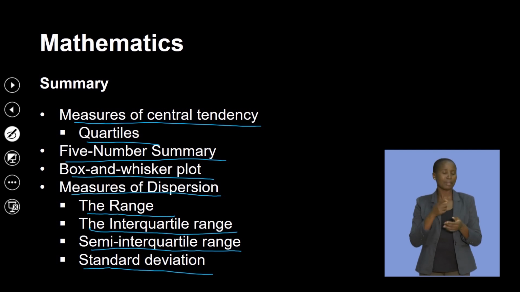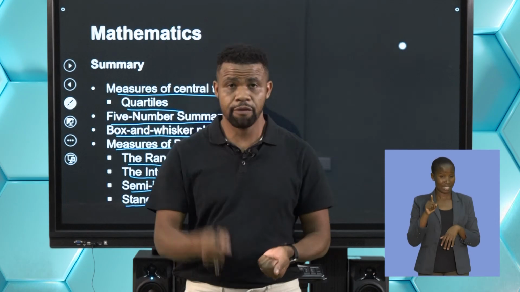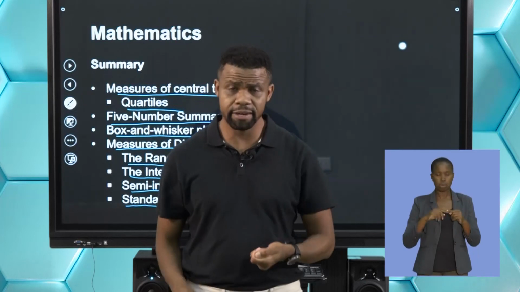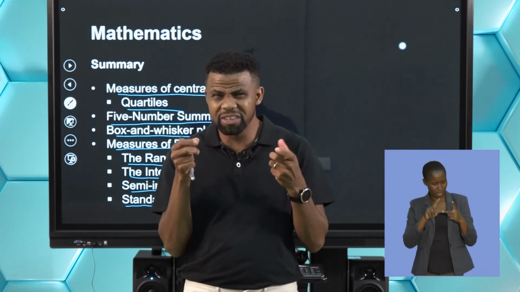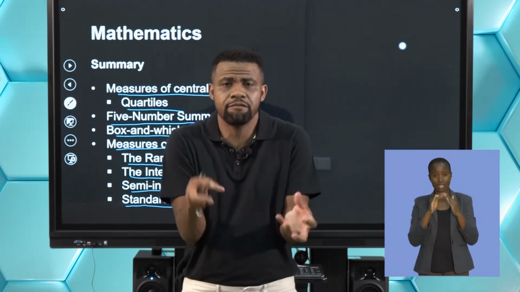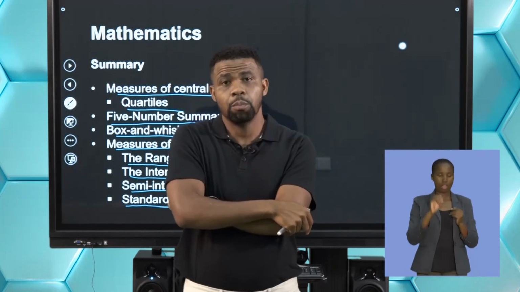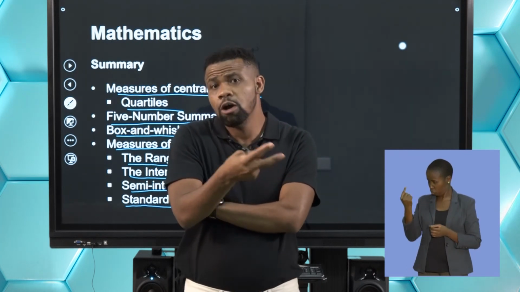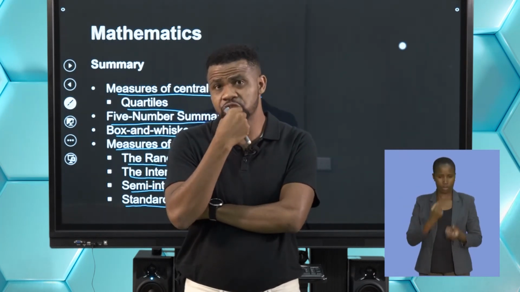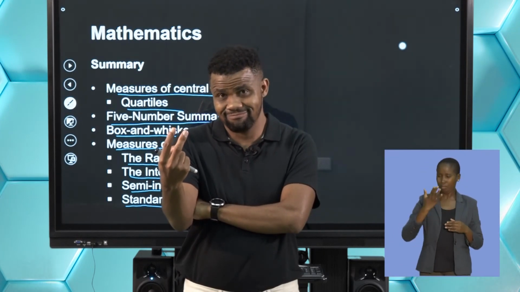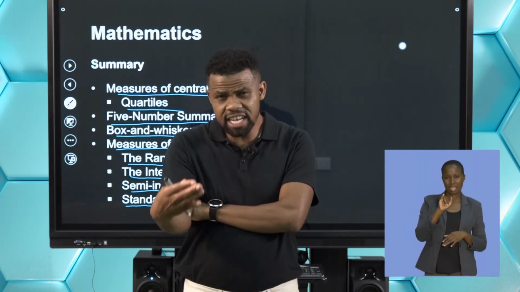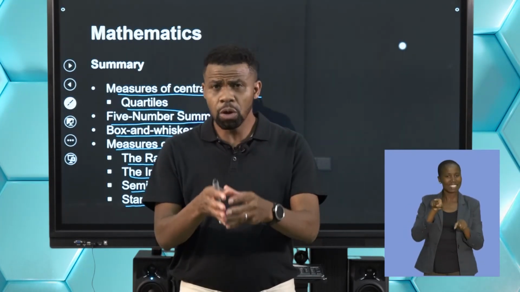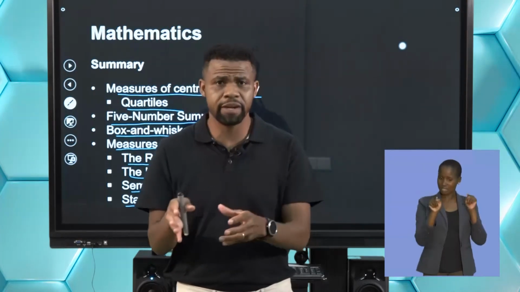I think the standard deviation wins, because it uses each and every piece of data. But because we use each and every piece of data, it doesn't mean it's good. What if you have extremes? Do extremes affect standard deviation? Because we know that the semi-interquartile range and the interquartile range, those two measures of spread, are not affected by extreme values.